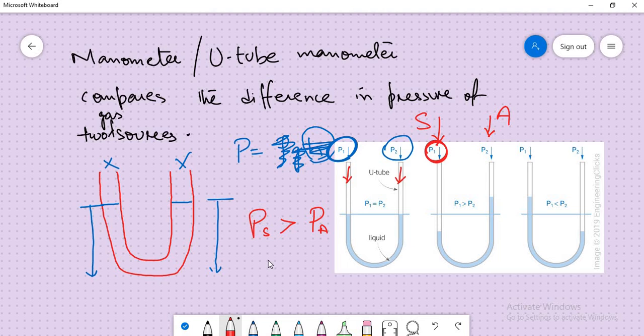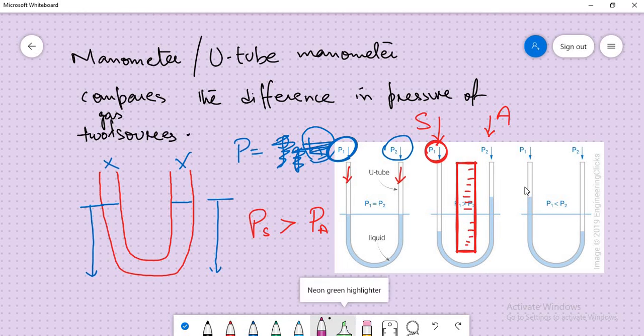Now how much greater is it? We have figured out that the pressure of the gas source is greater, but by how much? Usually there is a scale present here, and this scale gives you the difference in pressure. We could mark this level here and this level here. The difference from here to here we could mark as h.